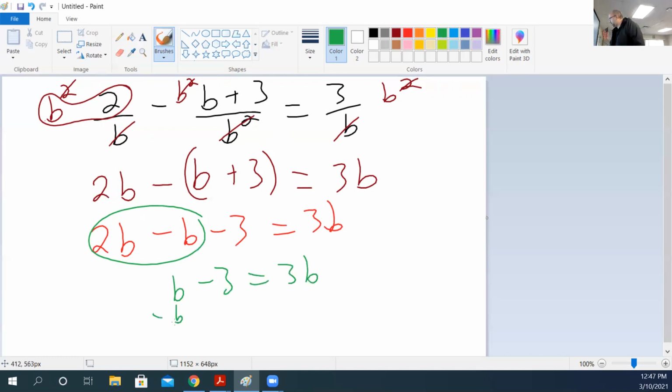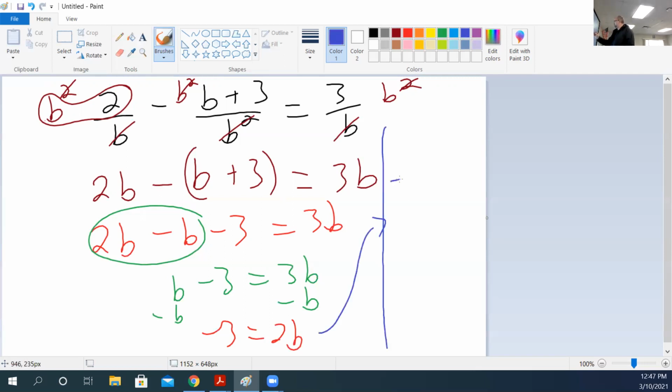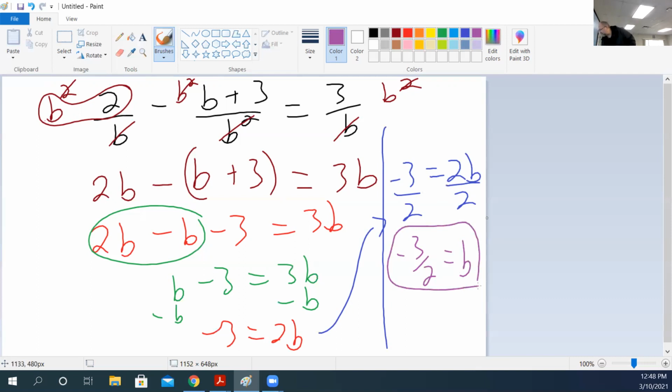Subtract b from both sides, so we get minus 3 equals 2b. So we need to divide both sides by 2, and the final answer is b equals -3/2. All right, I like that method a little bit. Hopefully you guys do too.